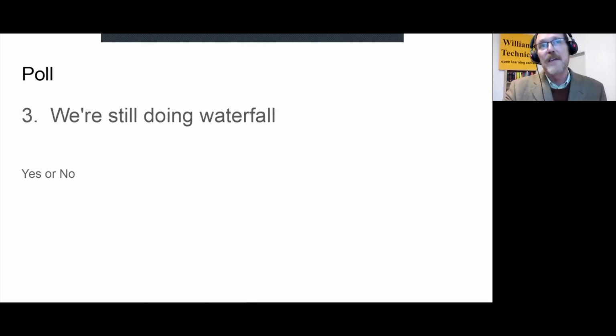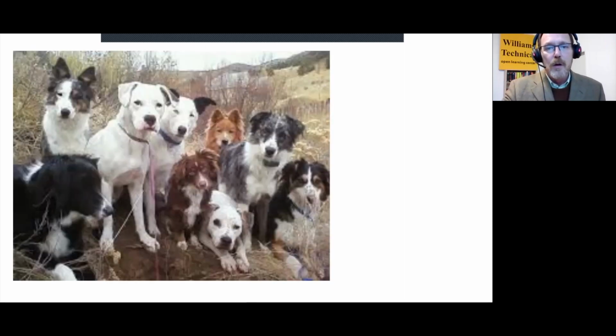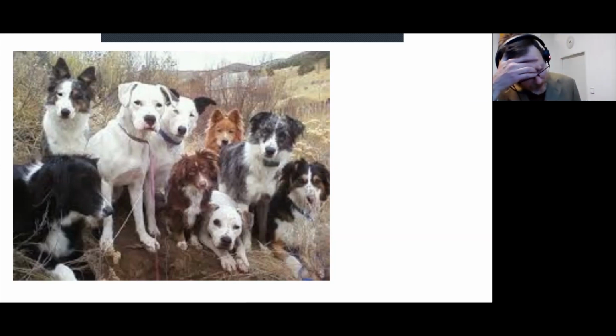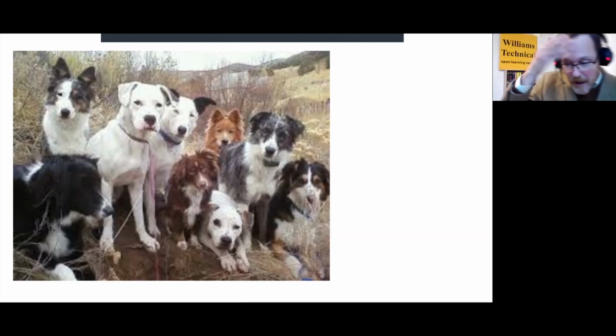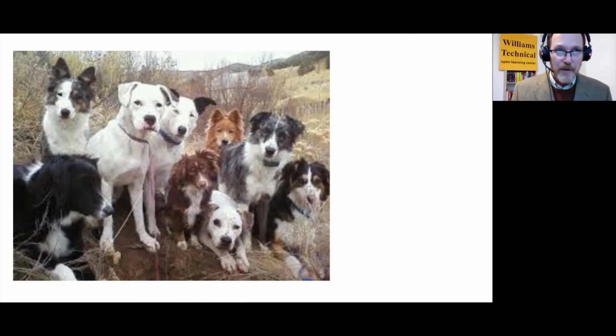And it mostly has to do with fear, right? So you got to recognize that waterfall and agile have very different mentalities. And first and foremost, not everything should be agile. I'm not impressed with the agile everywhere, everything attitude. There's a time and a place for agile.